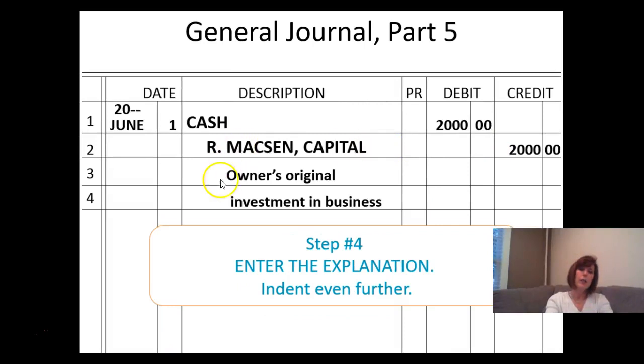Then we're going to just do a little description. It may seem pretty obvious on its face what these things are, but over time, when we might have lots of transactions of similar nature, it's good to have this little explanation, a few words, just to trigger somebody's memory when they're going back later to wonder what this was.